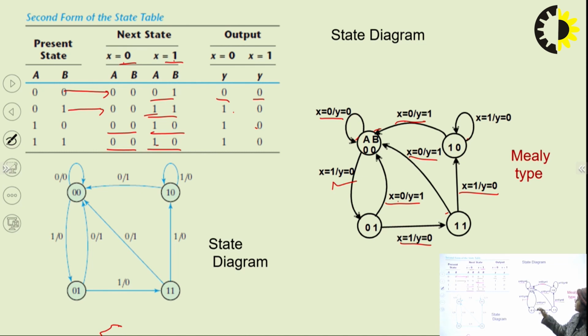So this is the overall analysis of any sequential circuit. The first step is to analyze the circuit and find out the number of inputs and outputs in the given circuit. Then, using a specific flip-flop characteristic equation, formulate the state equation and output equation. Then, using the state and output equations, formulate the state table.